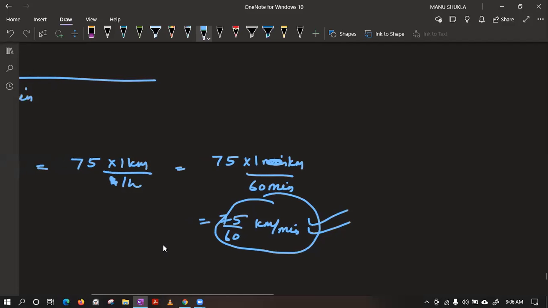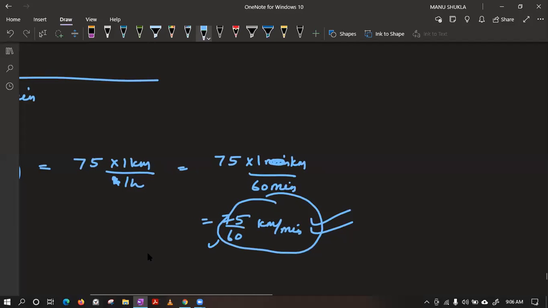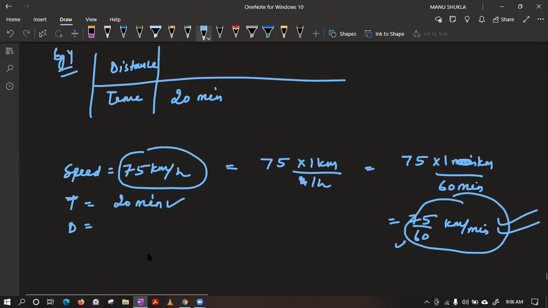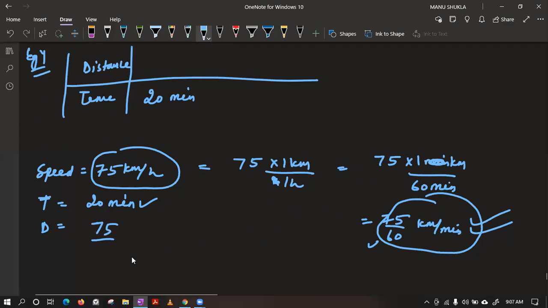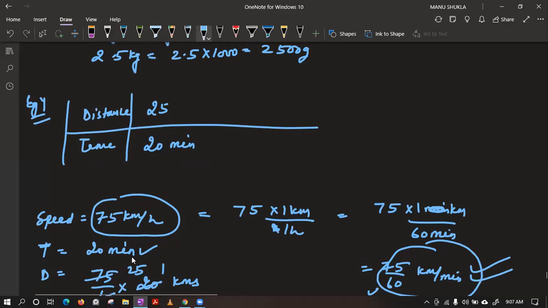So if this is the speed in kilometer per minute, in 20 minutes it will cover, by the unitary method, 75 by 60 into 20 kilometers. So 20 ones are 20, 3 twos are 6, 3 fives are 15. So 25 kilometers distance is covered in 20 minutes. This is the first part.